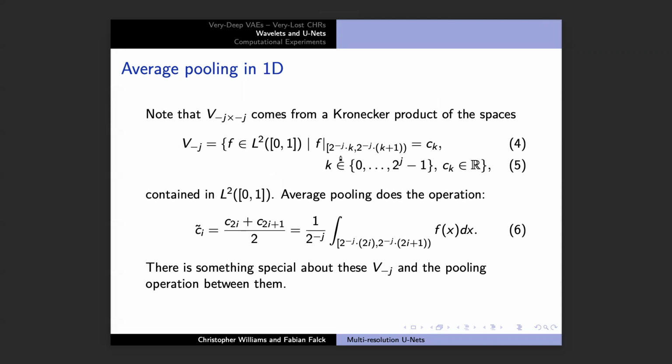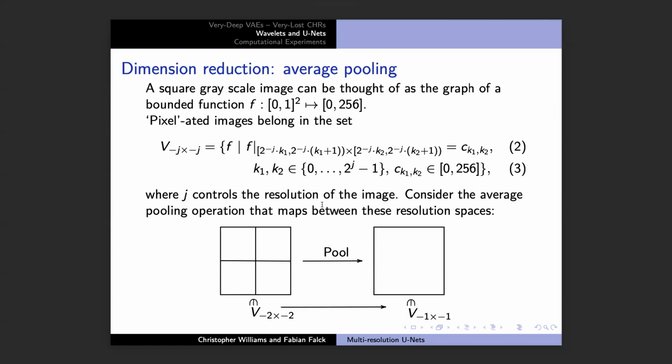So 2 unit intervals will get you there. And the average pooling, if you take one of these functions, you can think of as an integral over the larger area with the scaling in front. So I'm taking just the average, the mean of these 4.